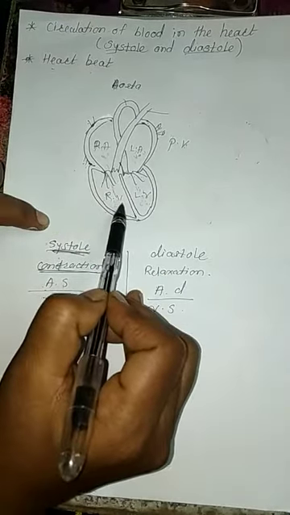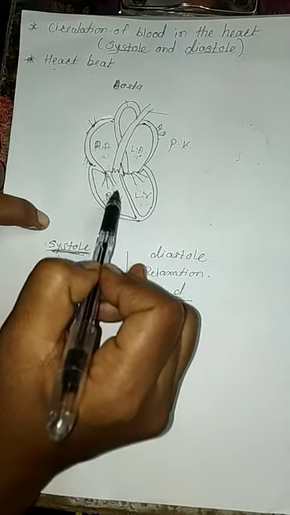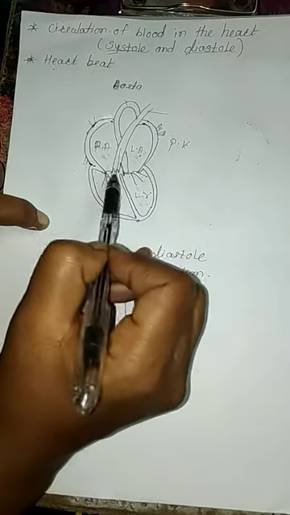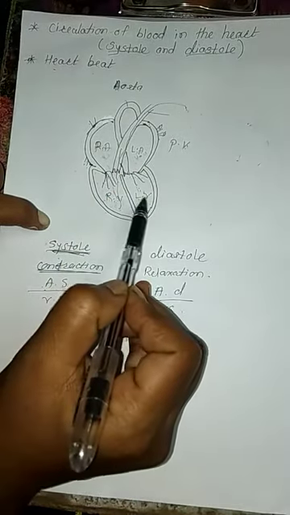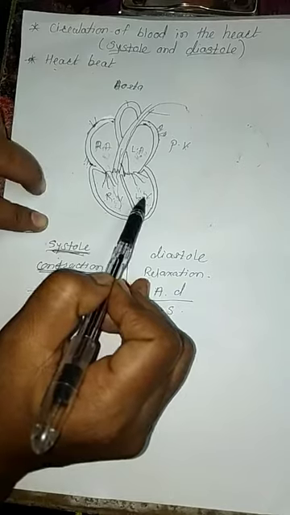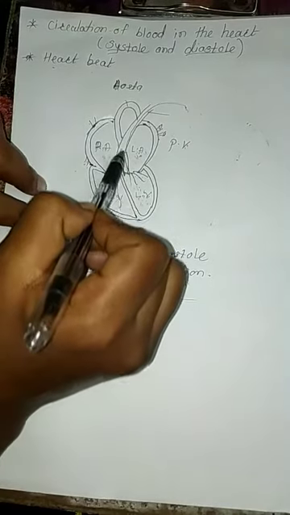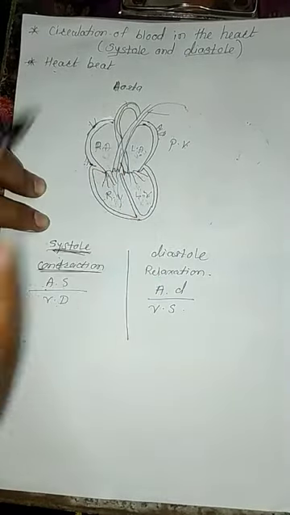The right ventricle contracts and pushes the blood through the pulmonary artery towards the lungs, and the left ventricular systole pushes the blood through the aorta to all parts of the body.